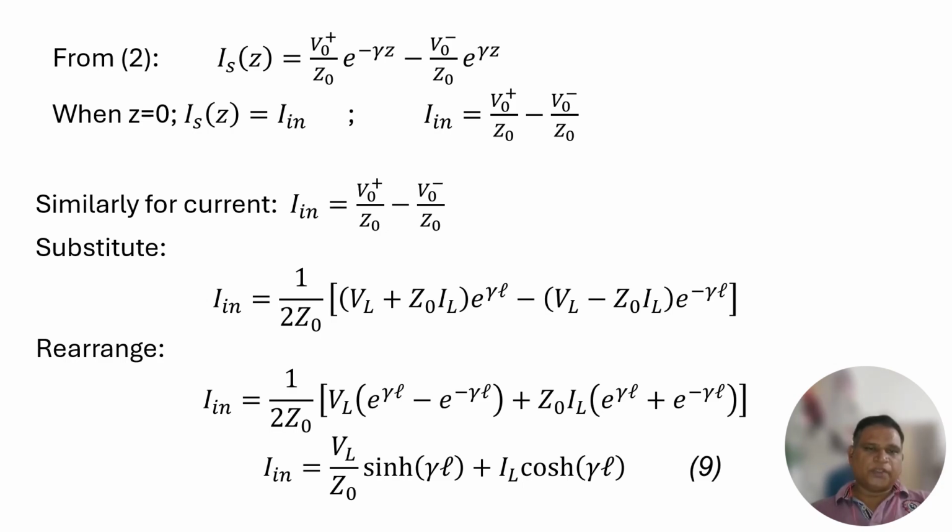By substituting V0 plus and V0 minus in this equation and simplifying, we get Iin is equal to VL divided by Z0 into sinh gamma L plus IL cosh gamma L.